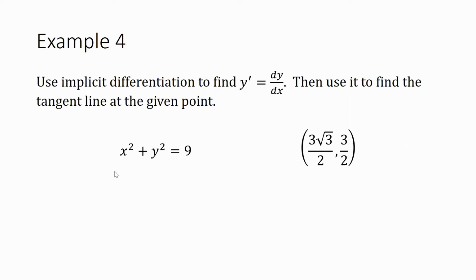Let's do this first with the circle of radius 3. It turns out one of the points on a circle of radius 3 is this one, 3 root 3 over 2, comma, 3 over 2. So let's use implicit differentiation to find the tangent line at that point.